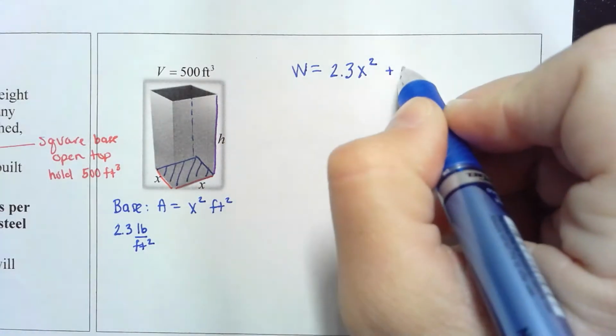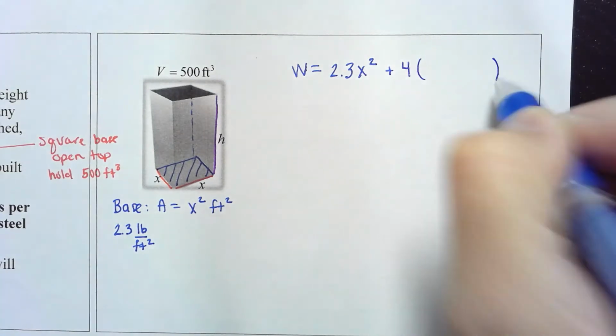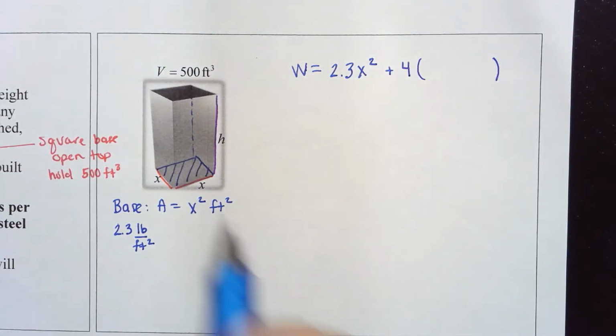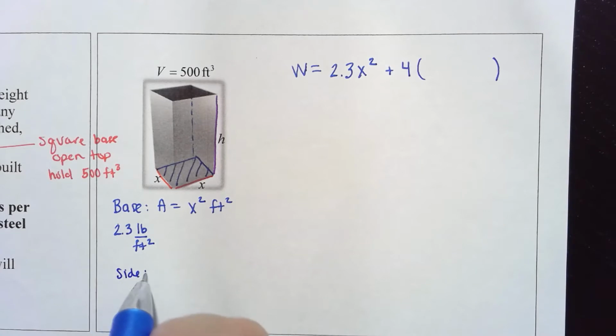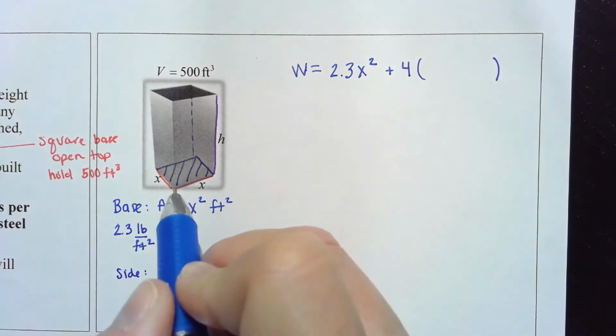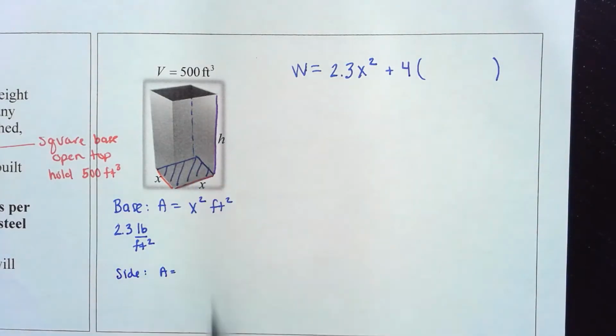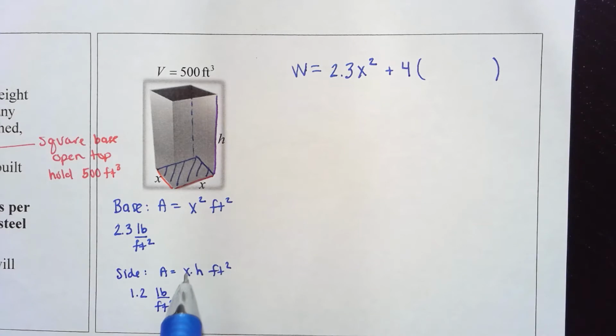Plus, now I have 4 sides. Remember, they're all the same. The side has an area of x times h, or x times y, whatever you're using. I'll use the letters that are in my picture. So I need to take how many square feet I have and multiply that by 1.2.